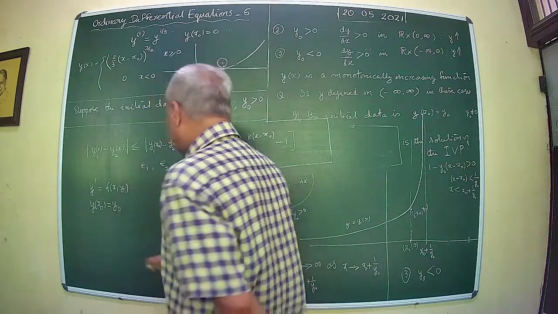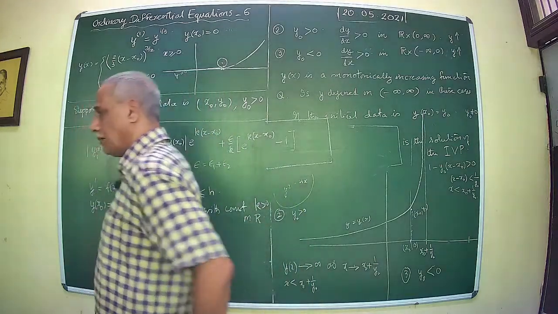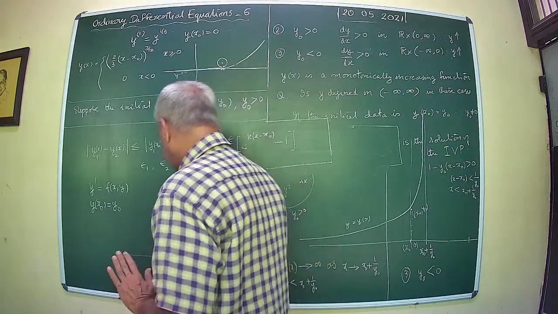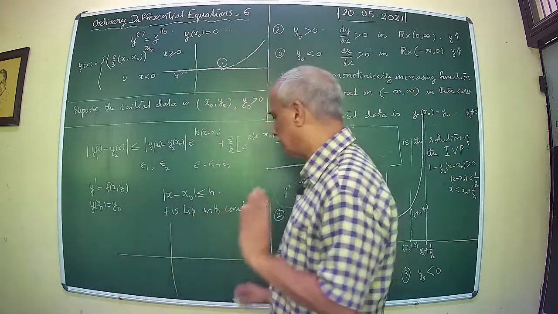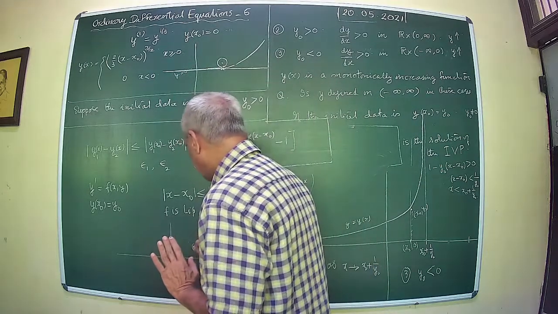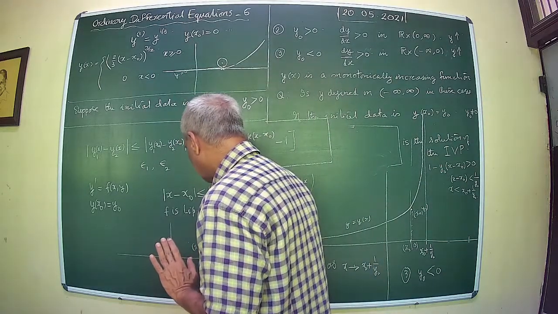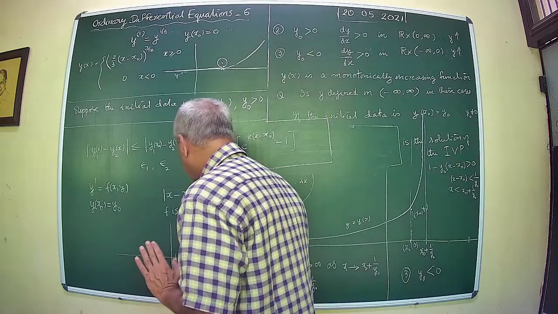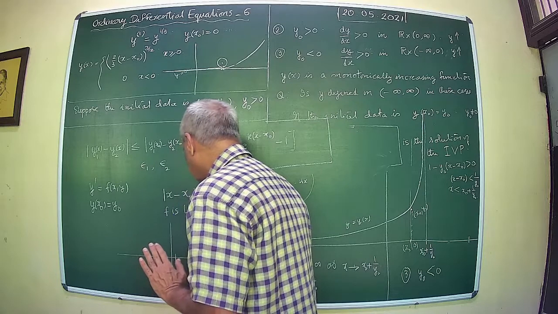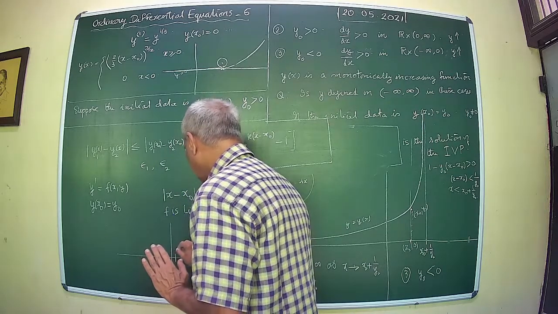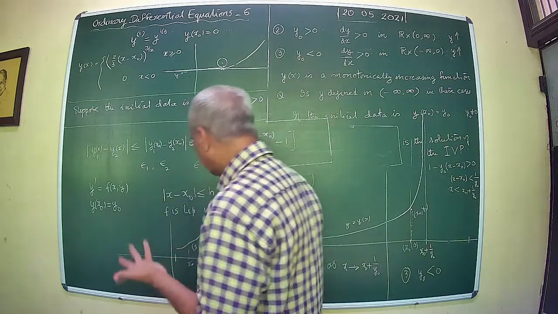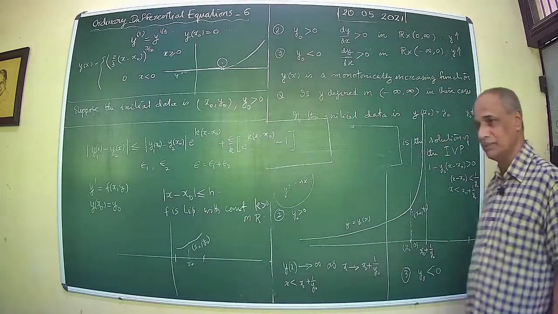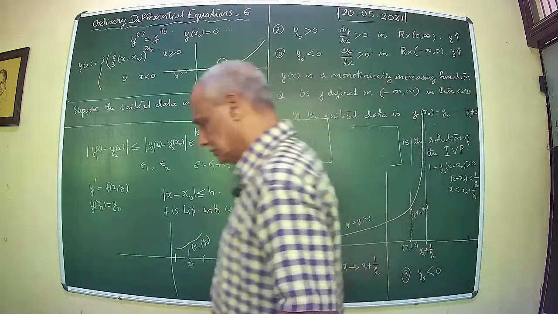Now, the difficulty is that what we have proved is, given x naught, y naught, there exists a unique solution in some interval surrounding the point x naught, whose graph may be something like this, which we don't know. Unfortunately, we don't know exactly this solution except in some handful of examples.